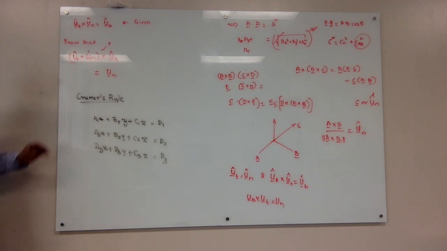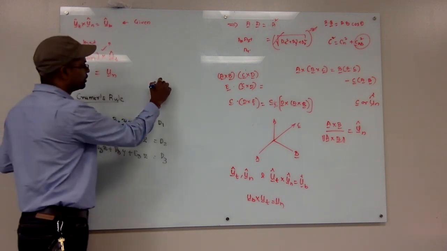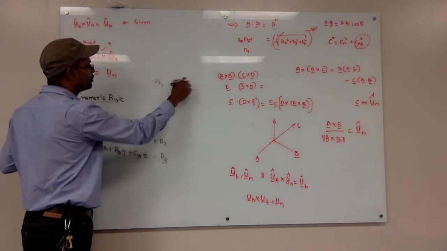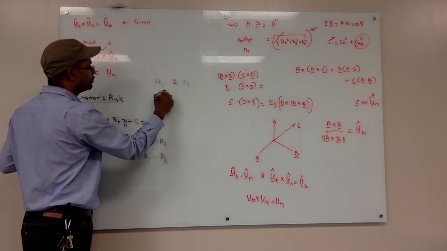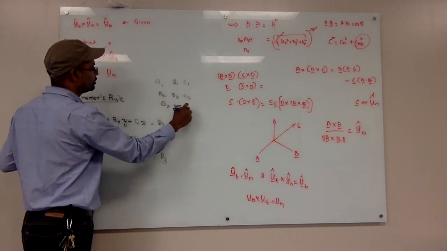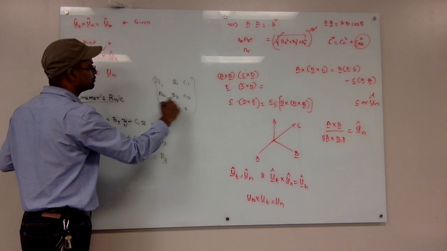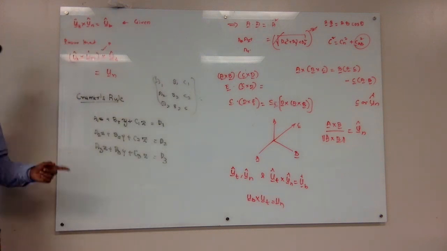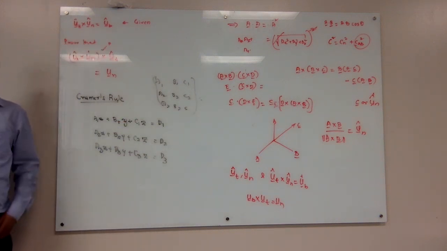Cramer's rule will allow you to put this in the form of matrix: A1, B1, C1, A2, B2, C2, A3, B3, C3, and solve for this, or solve for x, y, z.